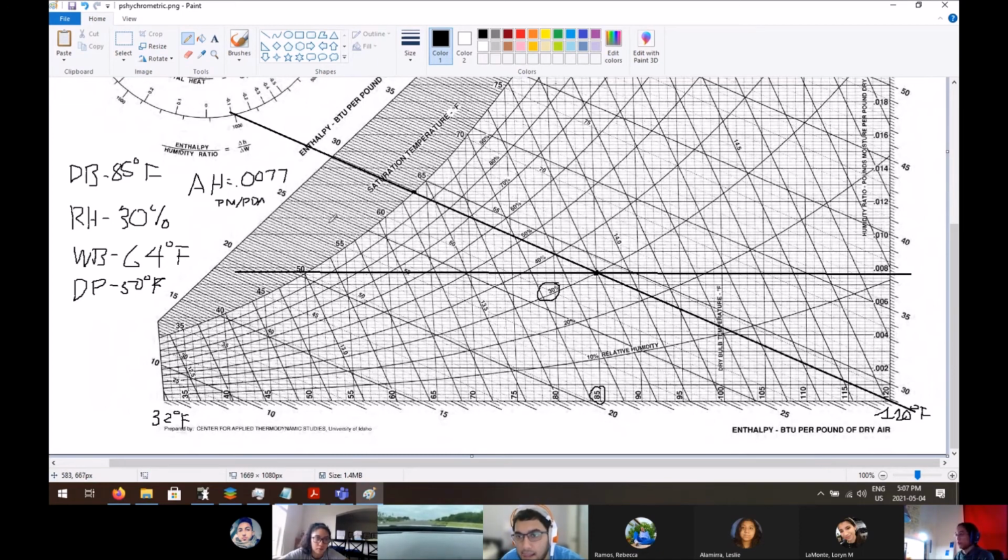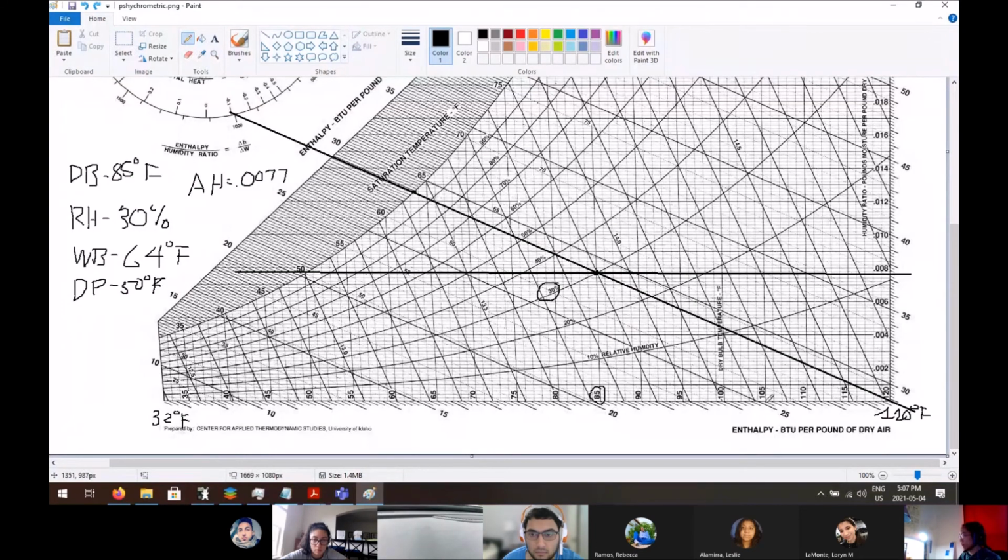I don't know, it's weird. I'm just gonna put 0.0077, right? So at this current climate, it has this absolute humidity. And for any climate that has this absolute humidity, it shares the same dew point.